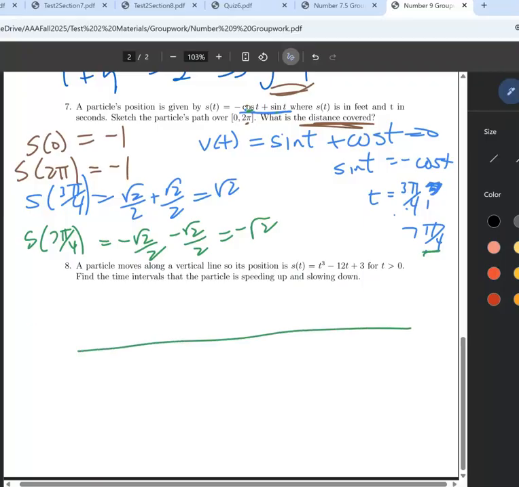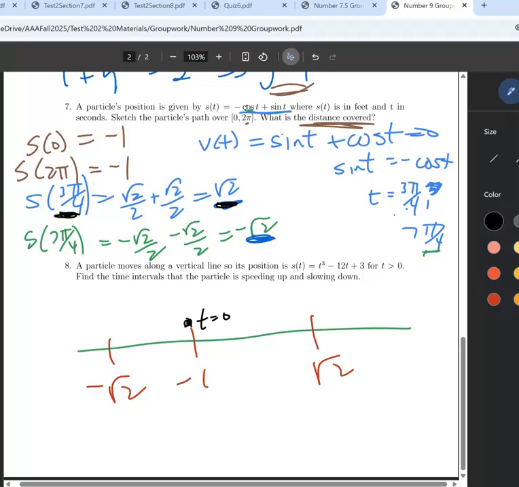So I'm going to draw the number line, and I'm going to draw these points. So I've got negative root 2, negative 1, and here's root 2. So those are the 3 numbers that I've got: root 2, negative root 2, and negative 1. So I start at t equals 0. I'm going to put the little dot there, t equals 0. Then I move to the next time, which is 3 pi over 4.